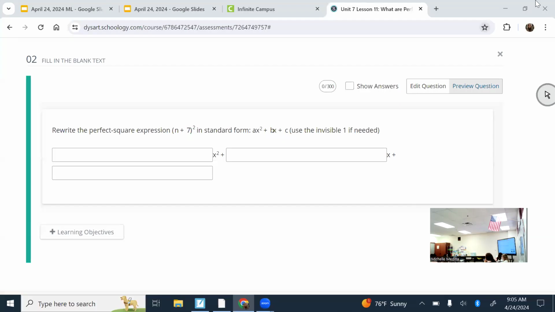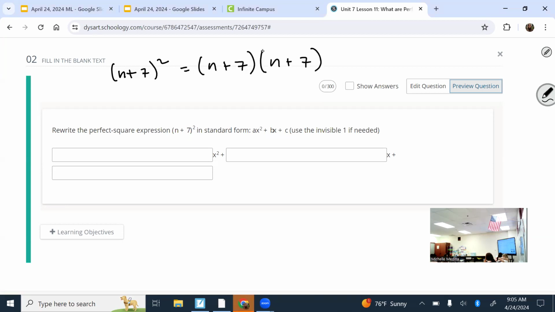And into standard form, so first step is to expand it, so make it n plus 7 times n plus 7. I showed you box method already, so maybe let's try foiling, but whatever gets you the right answer at the end of the day, it doesn't really matter.